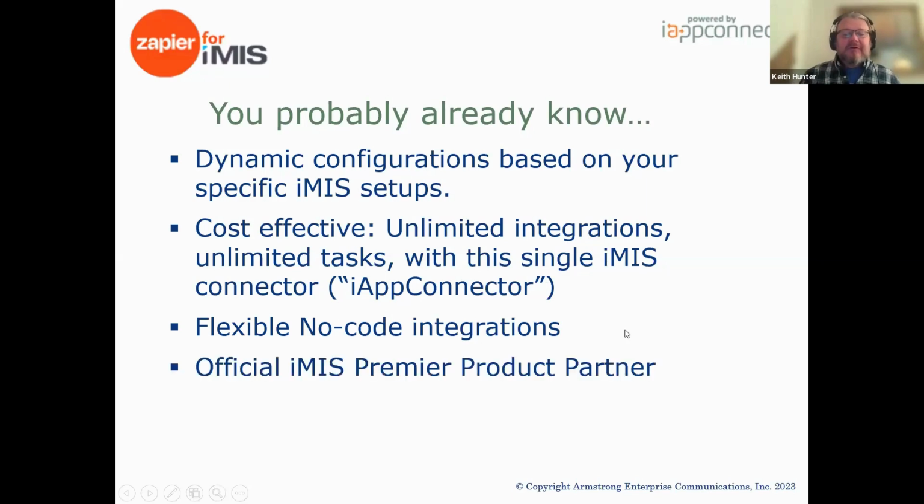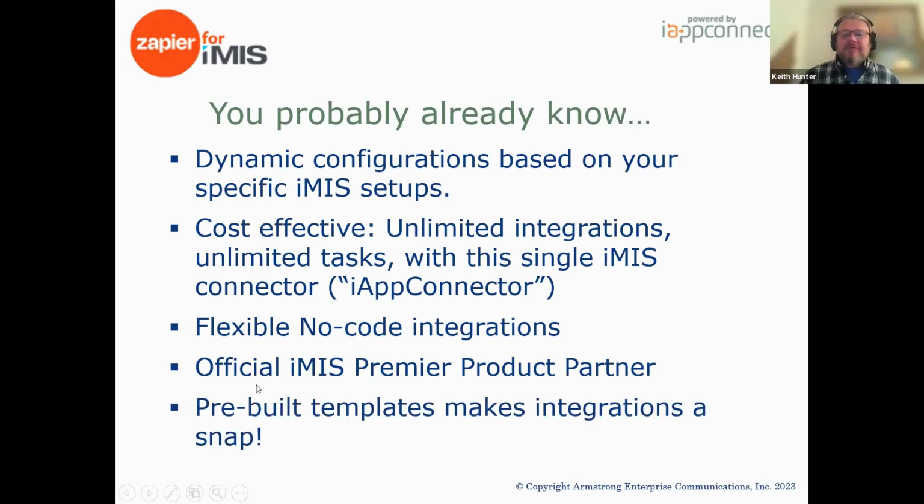These are flexible no-code integrations, as I said, and this solution is an official iMIS Premier product partner, one of just a few. ASI uses it in their own business, connecting their iMIS database and website with their HubSpot system used for sales and marketing. And they say, it just works.